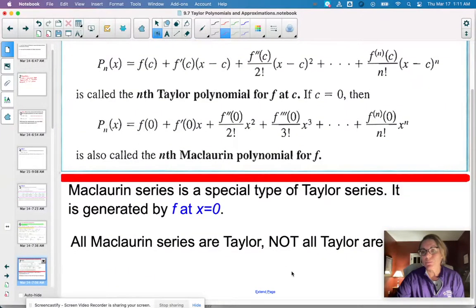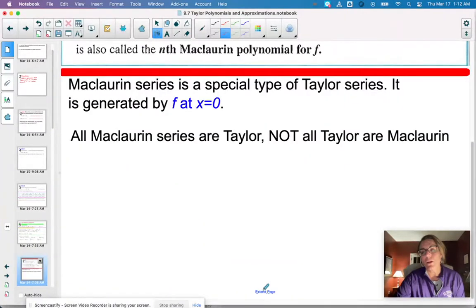A Maclaurin series is a special type of a Taylor series. It is generated by f at x equals 0. C equals 0, x equals 0. That's what the polynomial is centered around. All Maclaurin series are Taylor, but not all Taylor are Maclaurin.